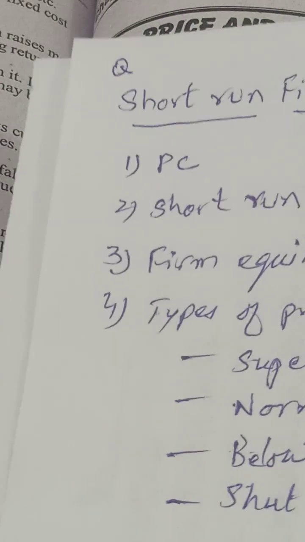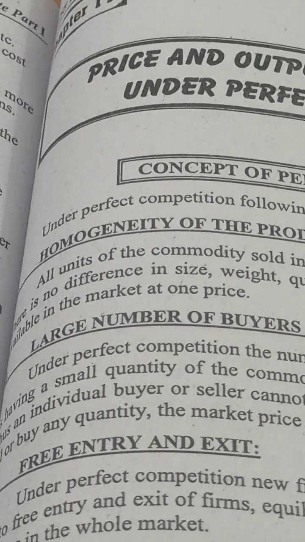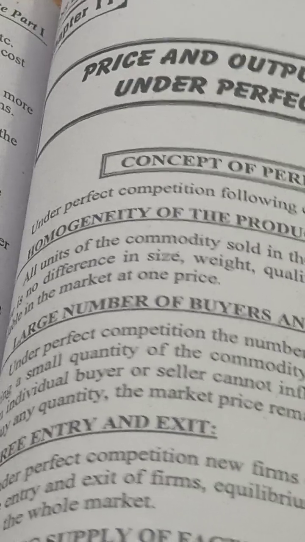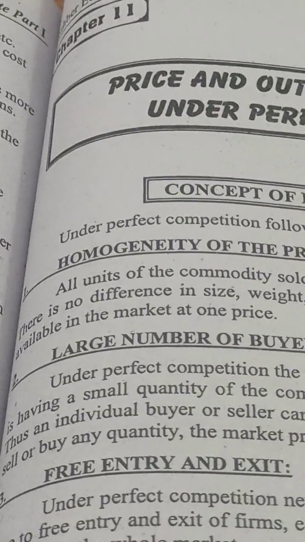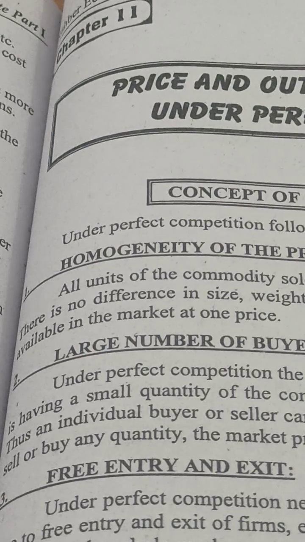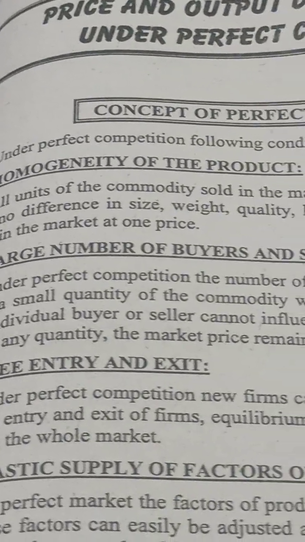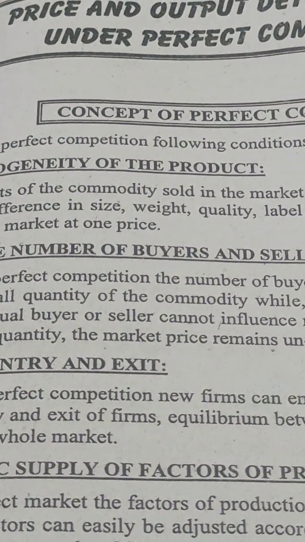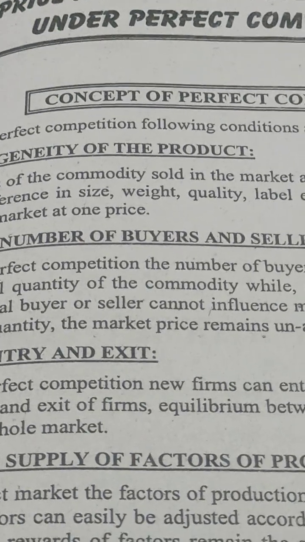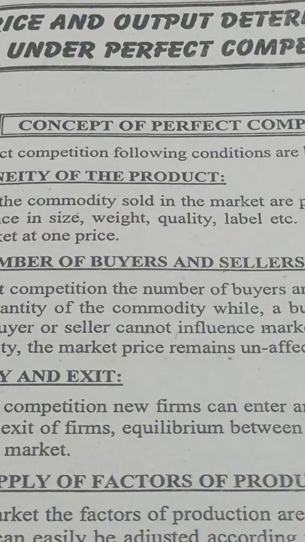So what is perfect competition? In perfect competition, there are certain conditions that the market fulfills. For example, homogeneity of the product, which means all units of goods are the same, like wheat. Second, a large number of buyers and sellers, which means there is a huge population that buys wheat and there are so many farmers that sell wheat.